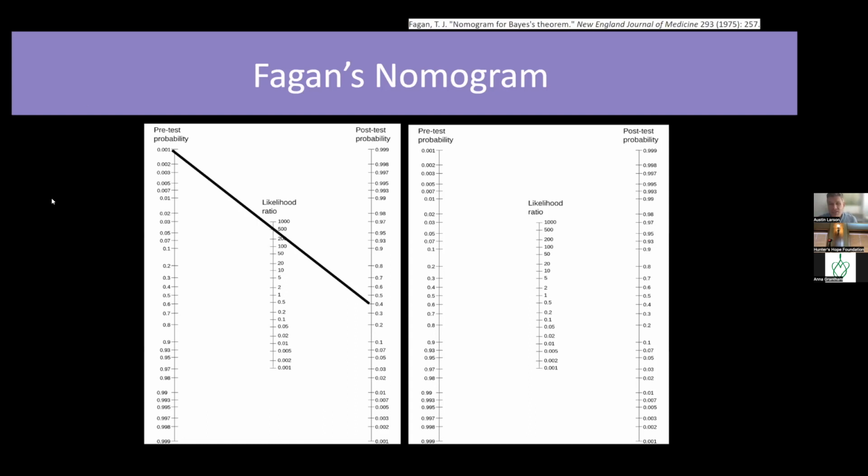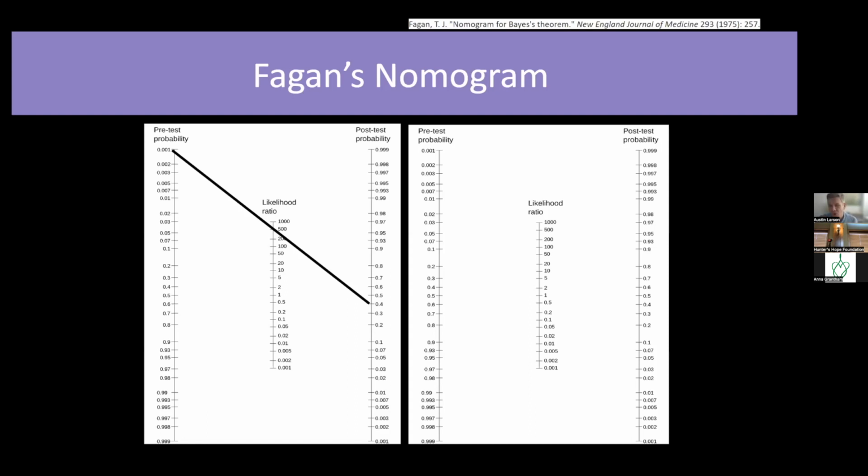Even if you have a really, really good test, and we think that we do have a really good test for CTX, the likelihood ratio, meaning the multiple by which that disease becomes more likely upon getting the information that a patient has a positive test result, can only get so high because of things like sample mix-ups and clerical errors in the lab. There's no perfect system, even if you have a really, really good test.